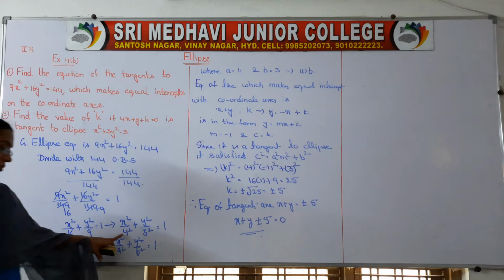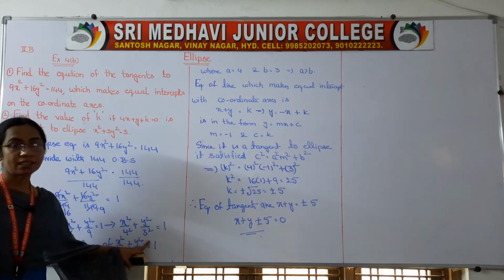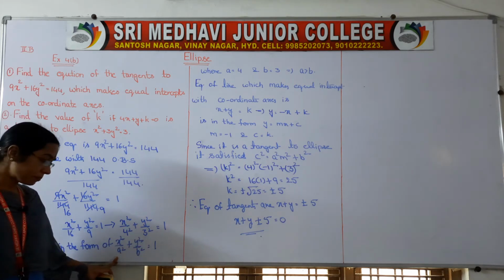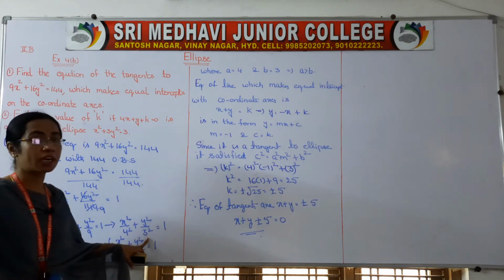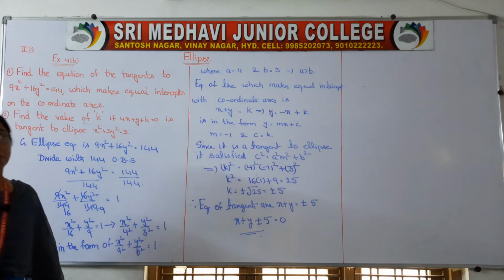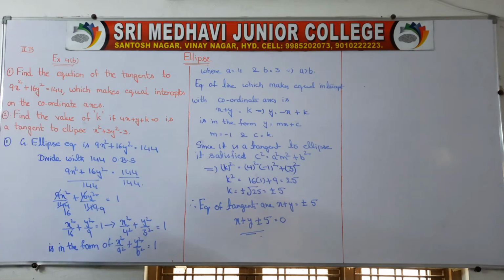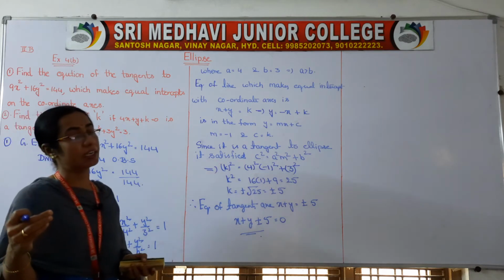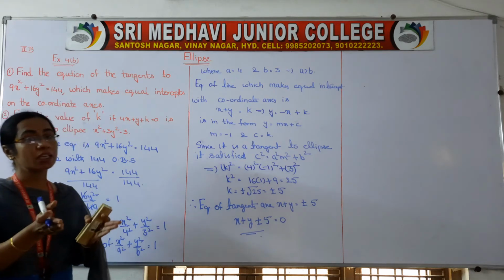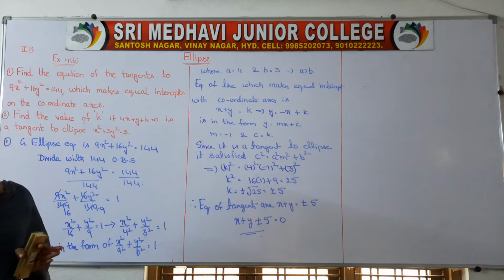16 can be written as 4 square, 9 can be written as 3 square. So comparing, you will know your a value as 4 and b value as 3. Okay. So, now we have to find the equation of the tangents which make equal intercepts with the coordinate axes.